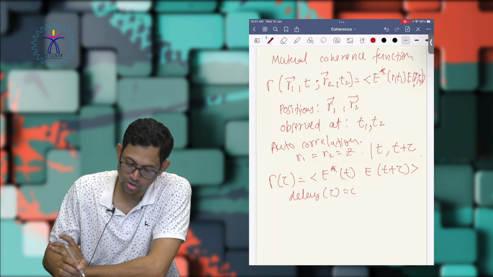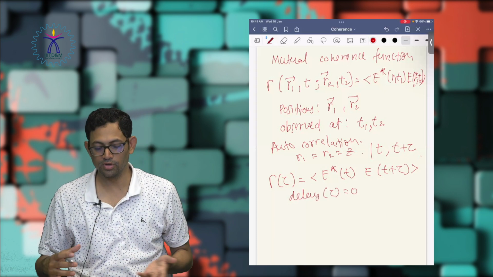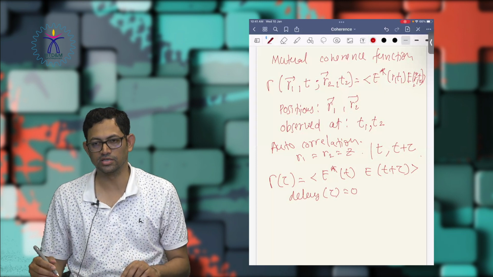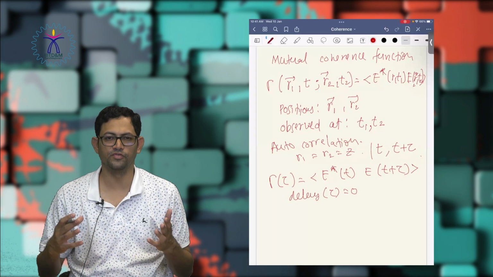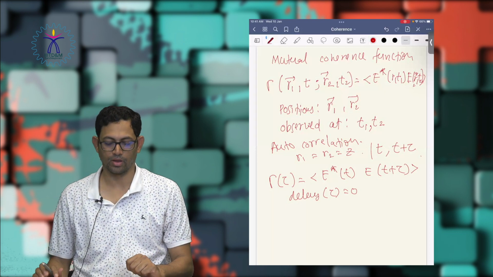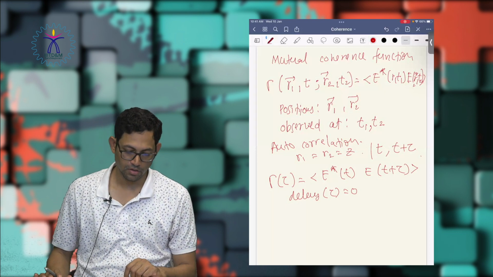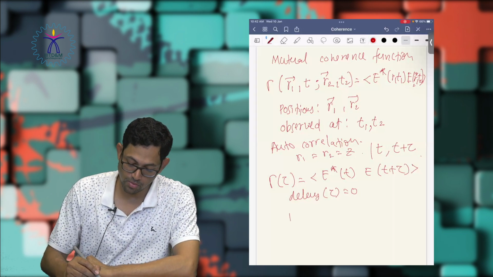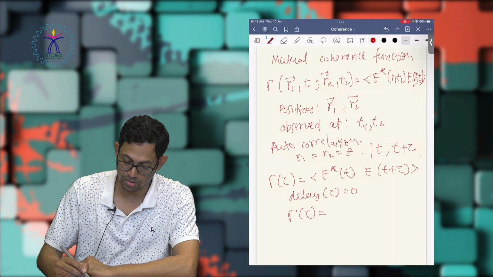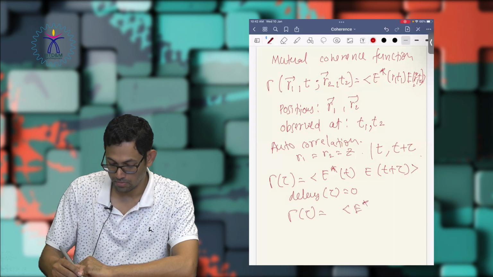Now considering the delay tau equal to 0, can you think about what the value would be, as we discussed some time back? Pause this video and think about it. If tau is 0, it becomes something like this.